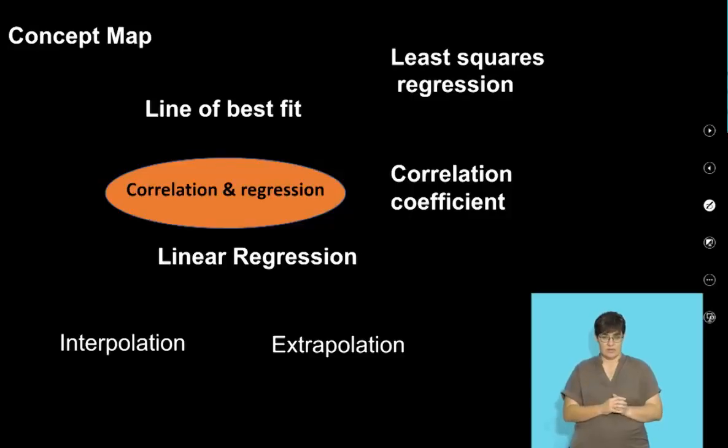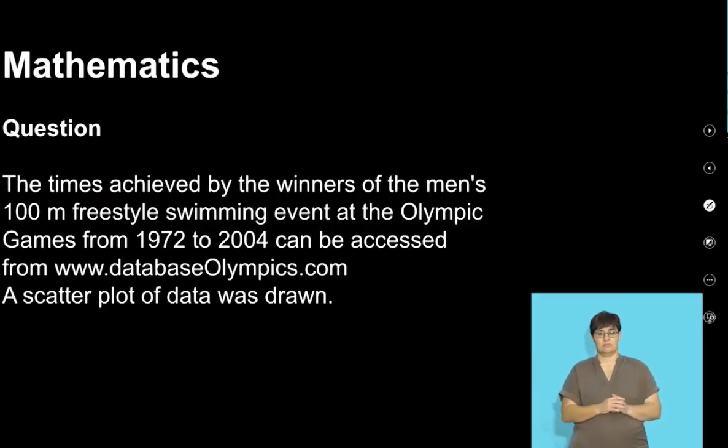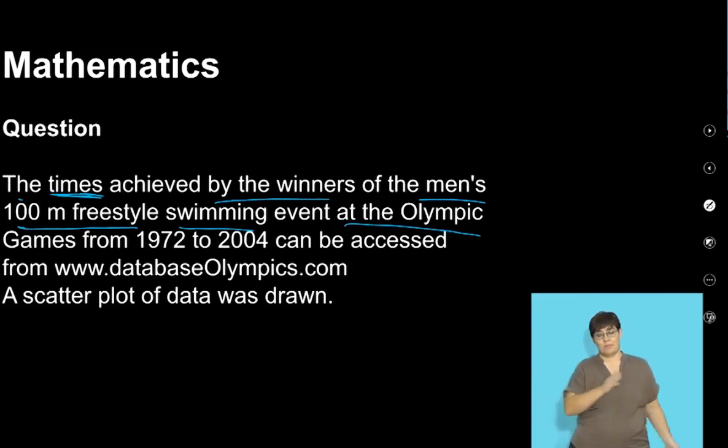So our next question here, very important to read. Read, read, read. It's pointless to answer the question because you might be answering something wrong, okay? The times achieved are those by winners of men's 100-meter swimming events at the Olympic Games from 1972 to 2004, which can be accessed from this website.